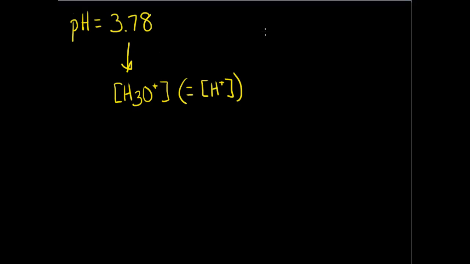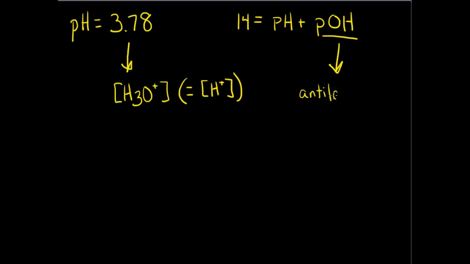Of course, the easiest thing to do is 14 equals your pH plus your pOH. So just take 14 minus 3.78 to get your pOH. And once you have your pOH, do the same thing. Antilog of your negative pOH will give you your OH concentration.